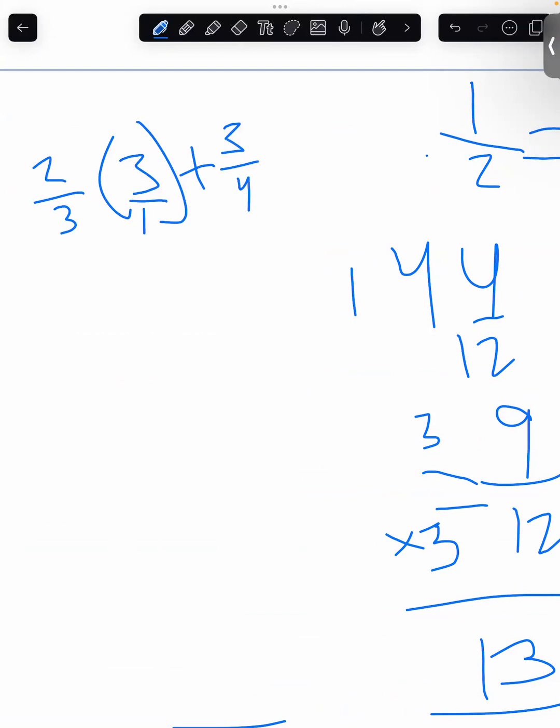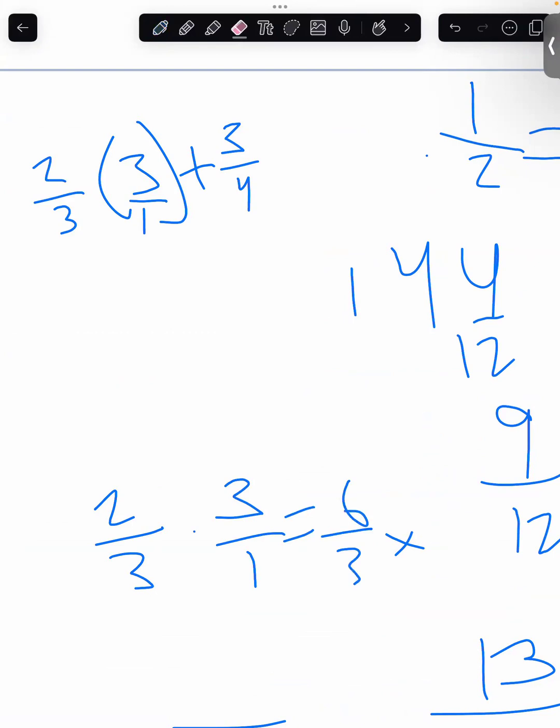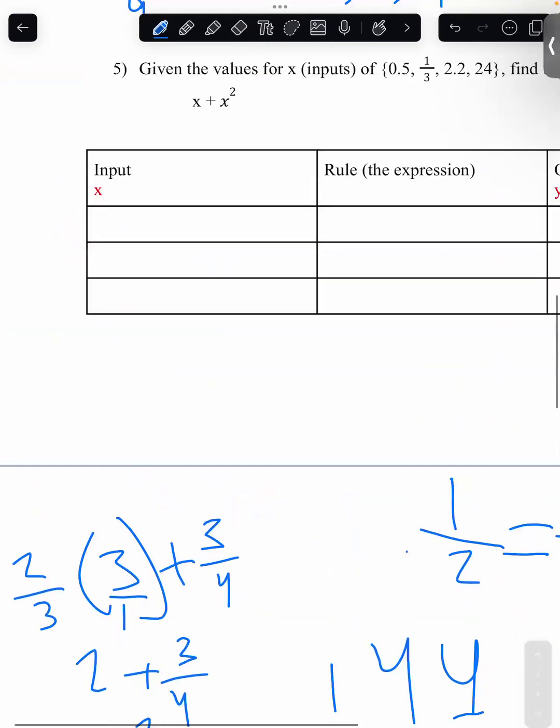So 2/3 times 3 over 1. That's going to be top times top, bottom times bottom, or you can simplify before you multiply. 3 divided by 3 is 1, 3 divided by 3 is 1, and you get 2. So it's 2 plus 3/4, and voila, that's an easy one, 2 and 3/4.